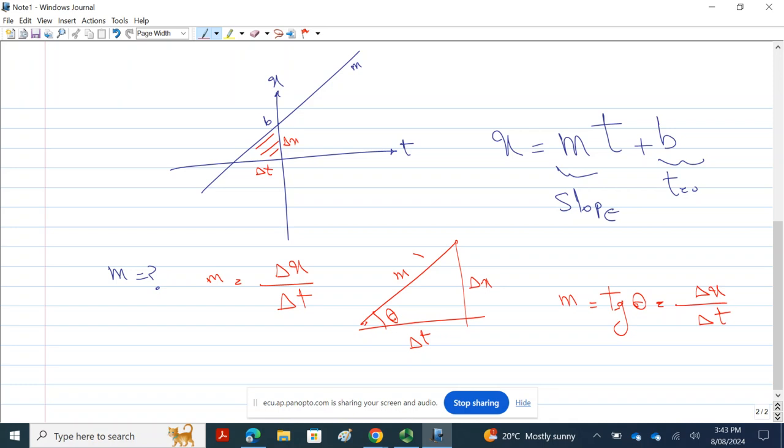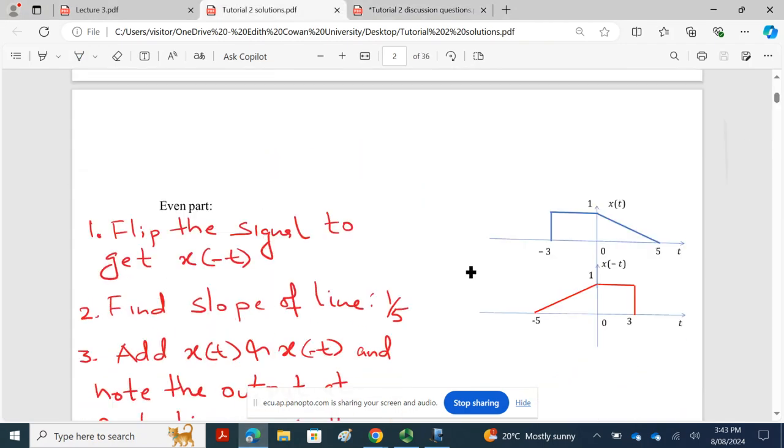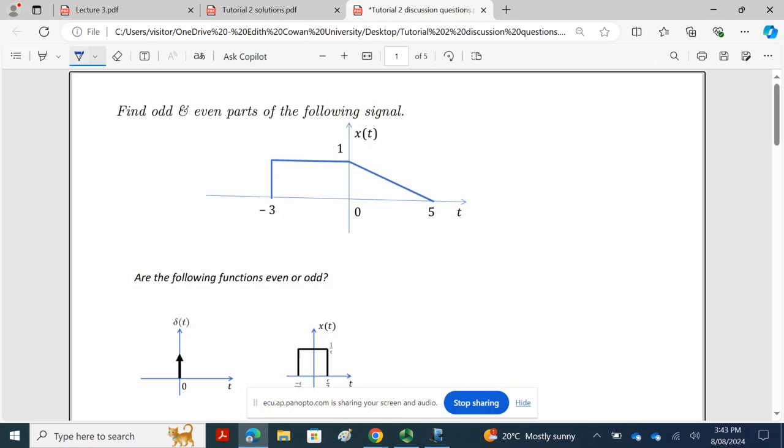Again, if you focus on this, it's a review of math. Okay, let's go to our question. We have a signal. We are supposed to find, let's say, first the even part, because that's usually easy.